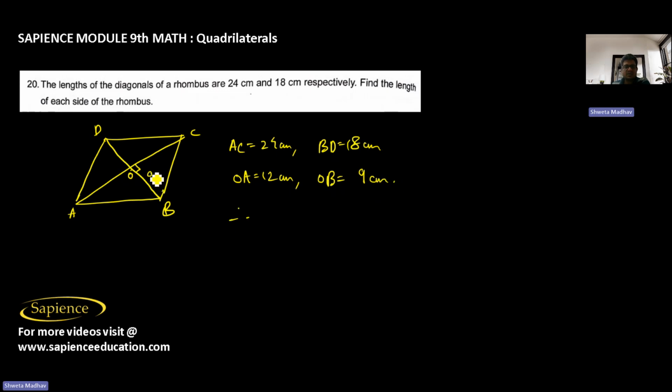So OB is 9 centimeter and OA is 12 centimeter. Therefore, to find AB we can apply the Pythagoras theorem, since triangle ABO is a right angle triangle.